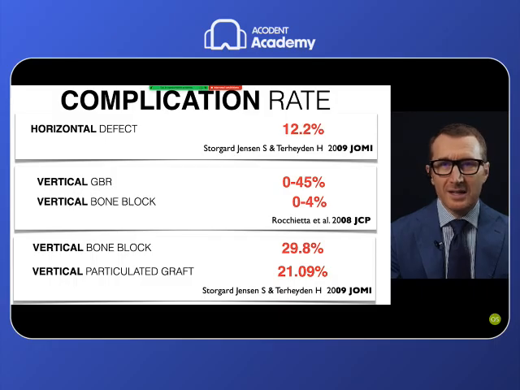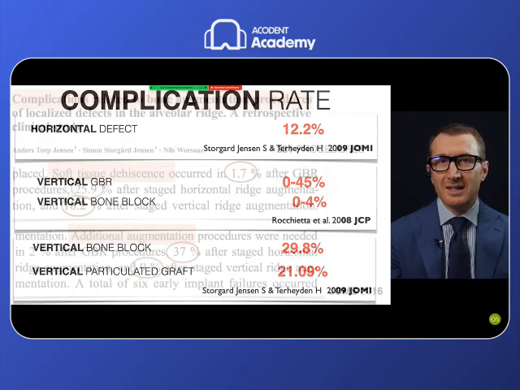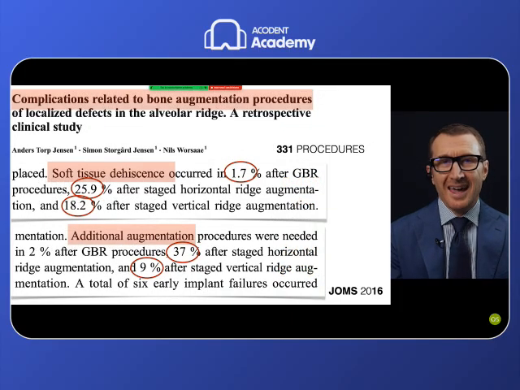It means that for every 10 patients treated with vertical augmentation, we have a risk of between 1 and 3 failures. So we have 3 patients that must be retreated. And retreatment obviously ends in more biological costs, more treatment time, and more economic costs that are going to affect the practice business.